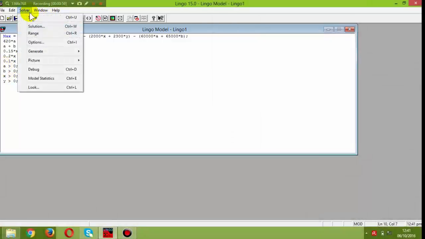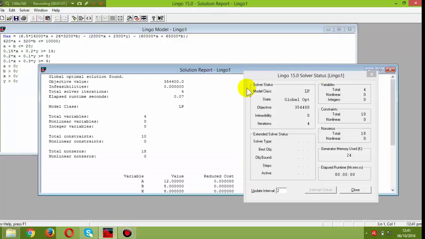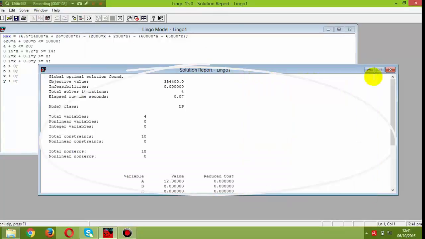Next is the result. We will have this result. Okay. The objective value is 354,400 rupiah. Since we want to find the maximum profit, the objective value is in rupiah.